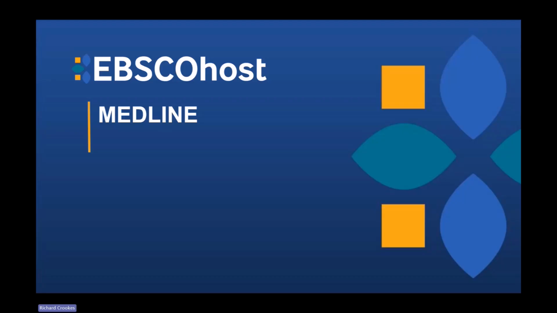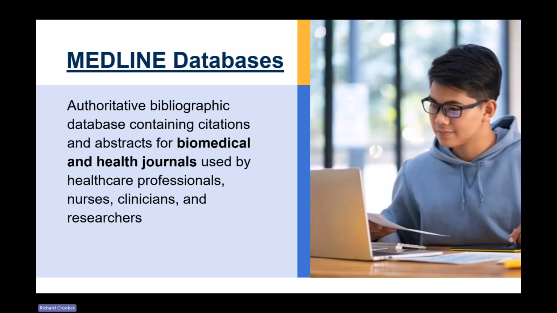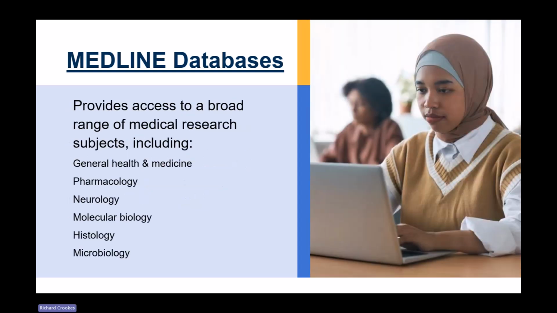Medline is an authoritative bibliographic database containing citations and abstracts for biomedical and health journals, used of course by healthcare professionals, nurses, clinicians, and researchers. It provides access to a broad range of medical research, including general health, medicine, pharmacology, neurology, molecular biology, and so on.